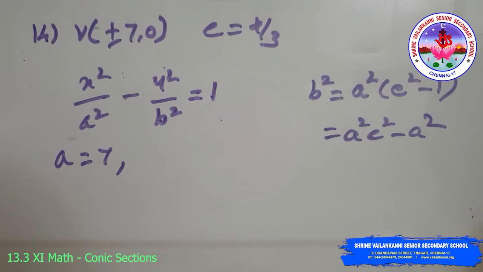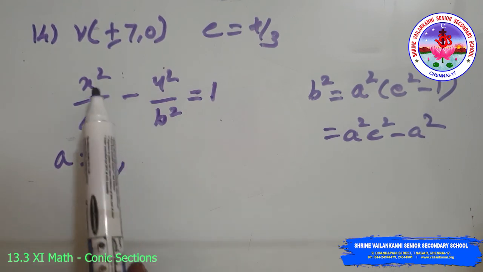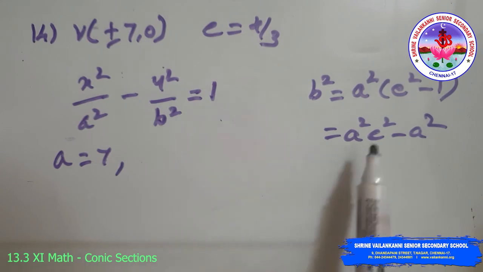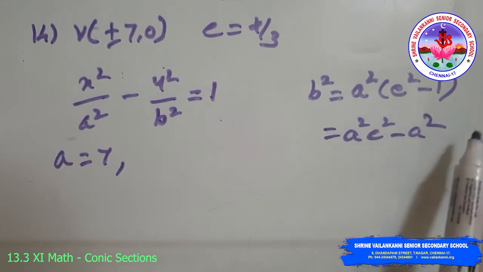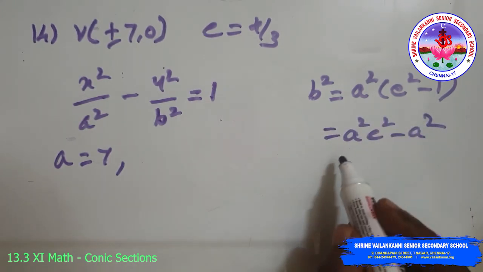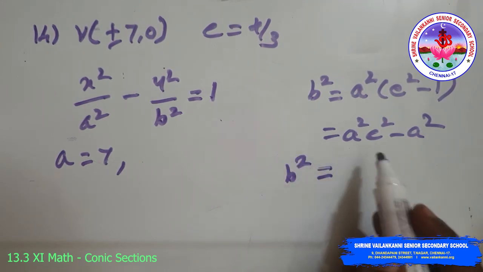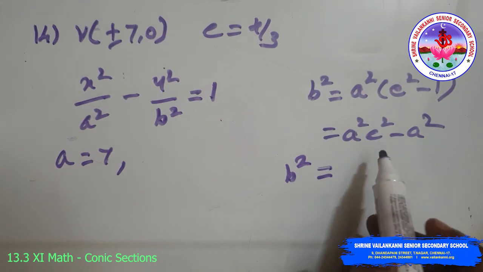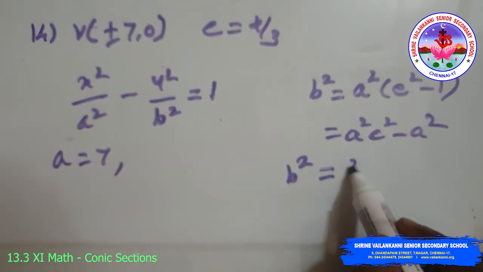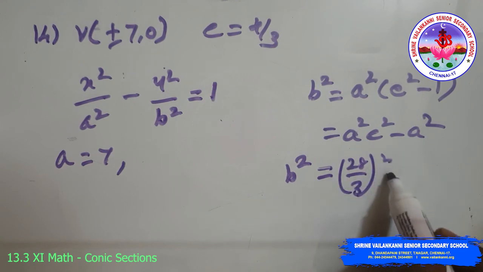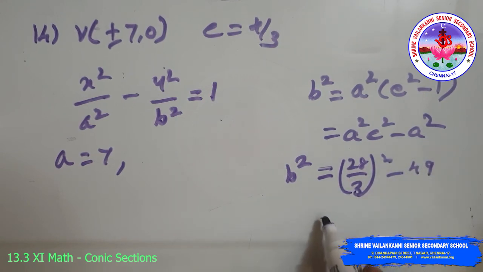14th question, vertices (±7, 0) and e is 4/3. Since the vertices (±a, 0) lie on the x-axis, that is the transverse axis is along the x-axis, the equation of the hyperbola will be x²/a² − y²/b² = 1. Here b² = a²e² − a². So we have to find b². So a²e², that is (7 × 4/3)², so (28/3)² − 49.